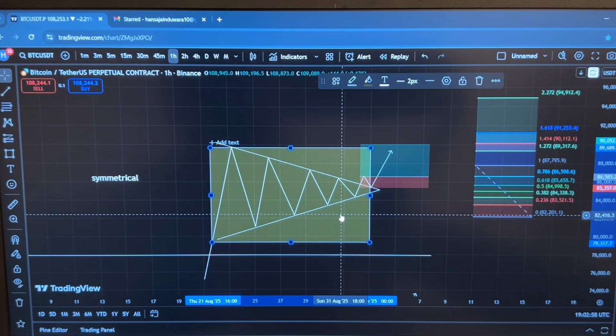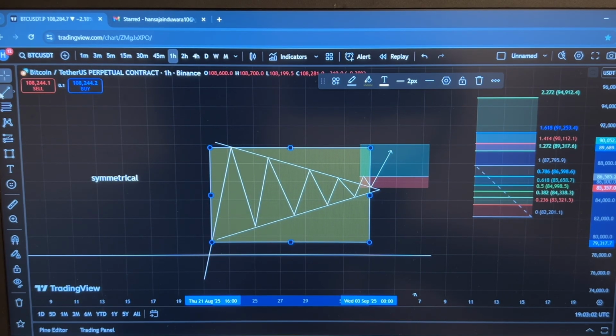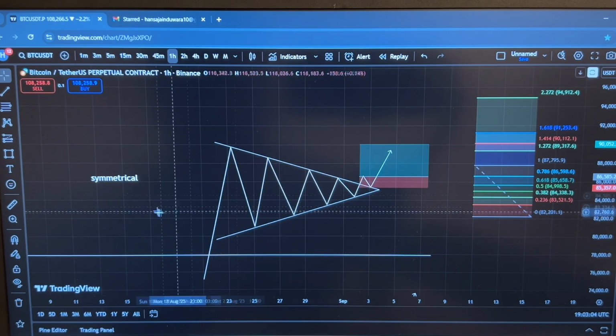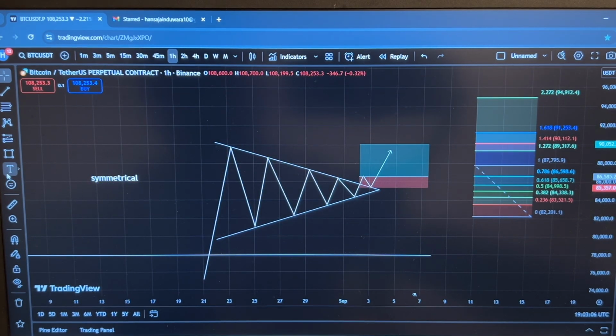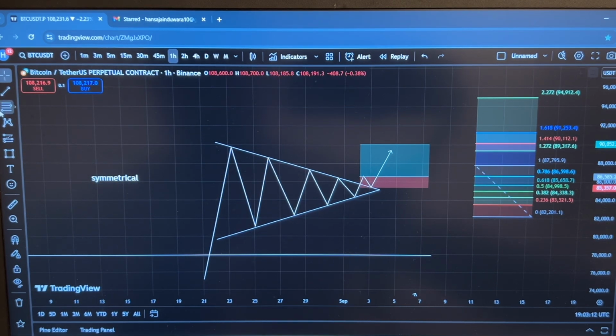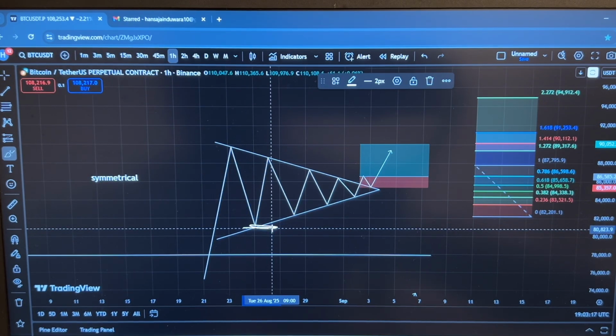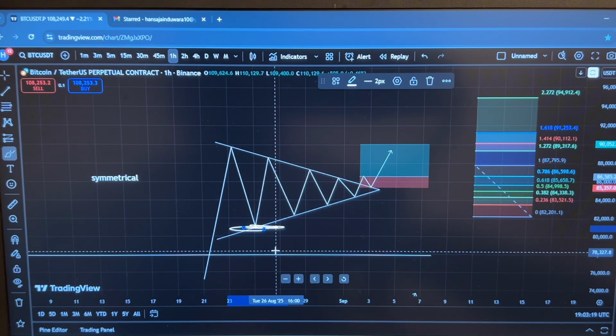So in this sideways scenario, we are going to put the number 1 level to the first low it makes inside the pattern. It can be symmetrical, it can be pennant, but we always put the 0 level. The 0 level is going to be the first low.